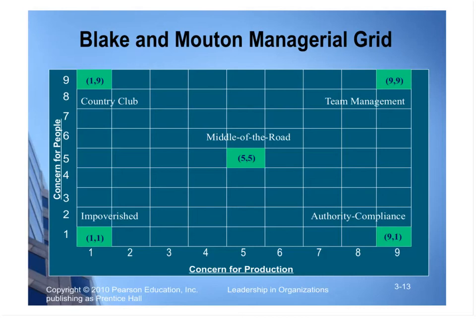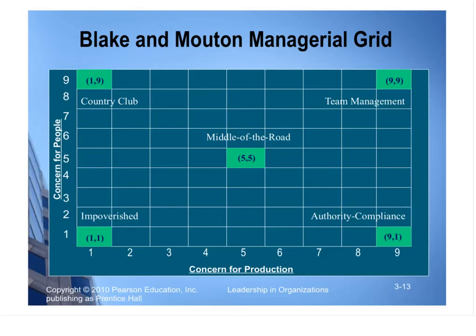But then at the bottom, we have authority compliance. It's just telling people what to do, a very telling type of management. You mostly just tell your staff what you expect them to do, and you basically don't give them that much freedom of choice.